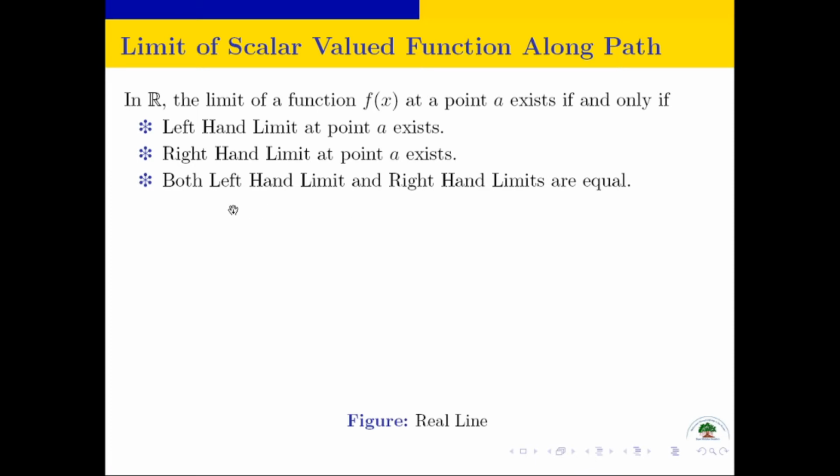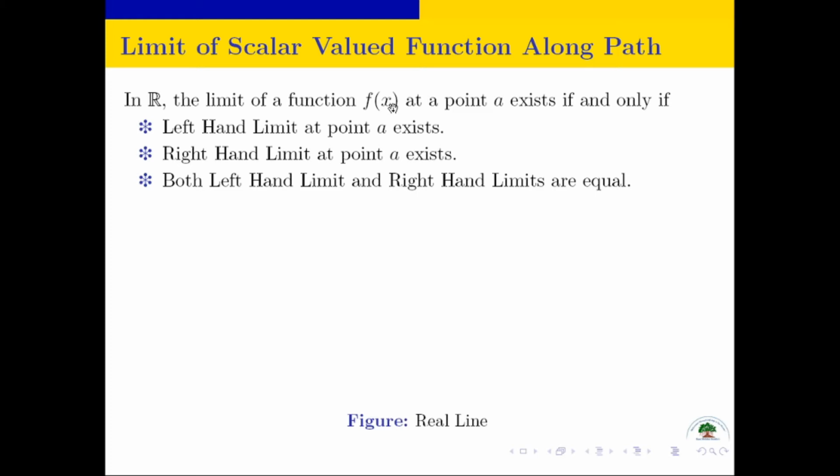Not only this, both the left hand limit and right hand limit must be equal. Then the real limit of a real valued function f of x at point a exists.